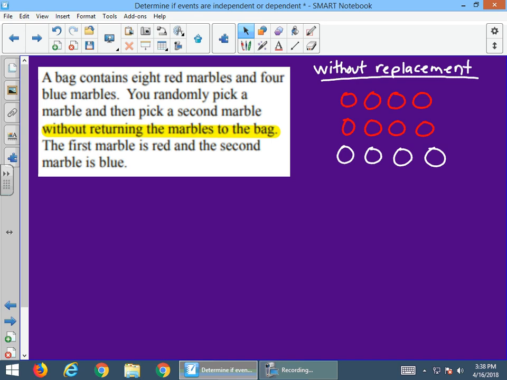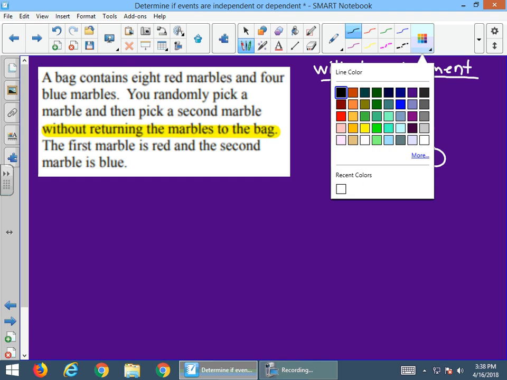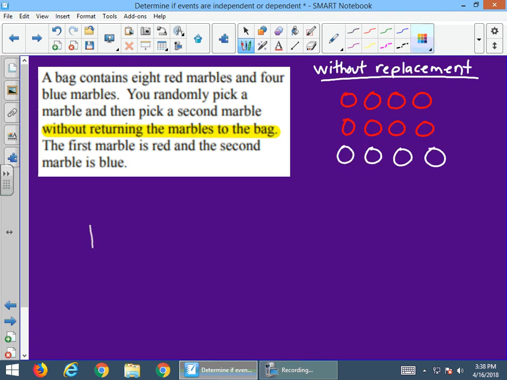If I pick a red marble on my first draw, I want you to think about what we have. I have 12 marbles in the bag.